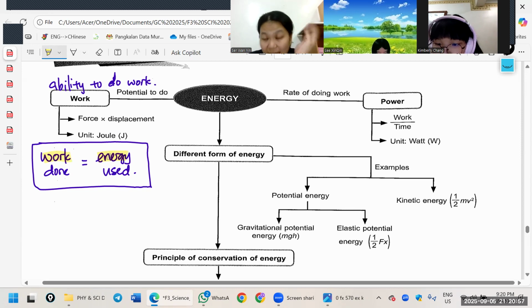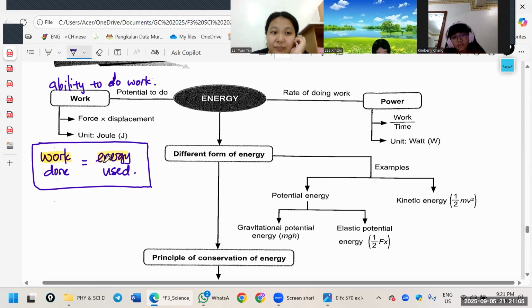Work, energy, the words are different, but actually they are the same thing. Work done is energy used.